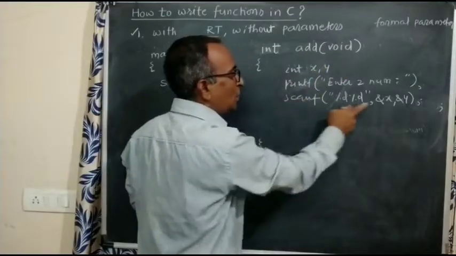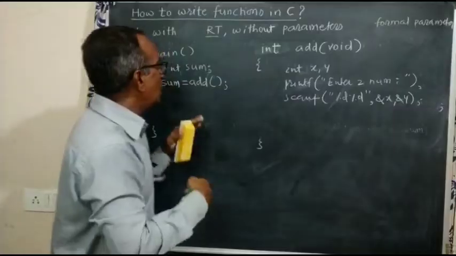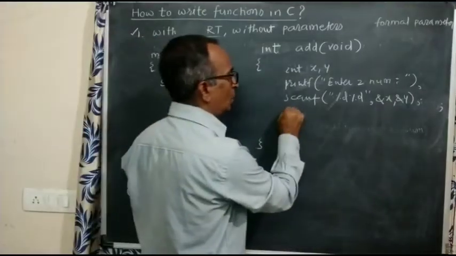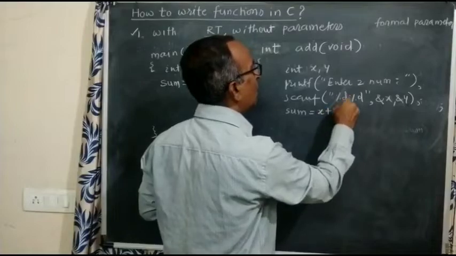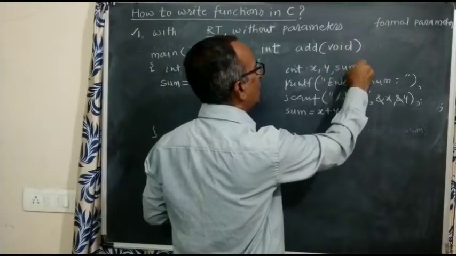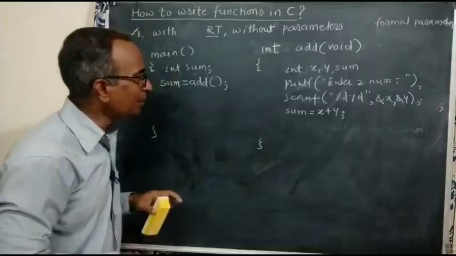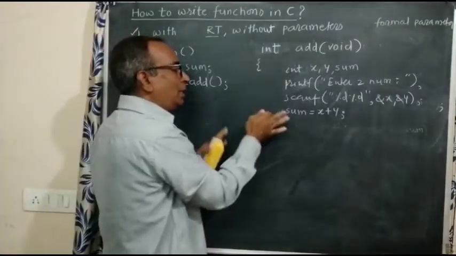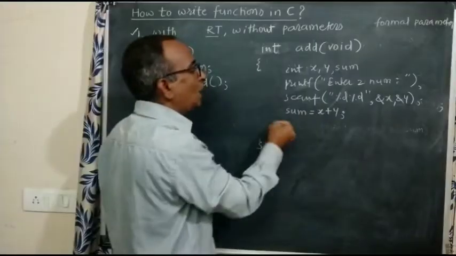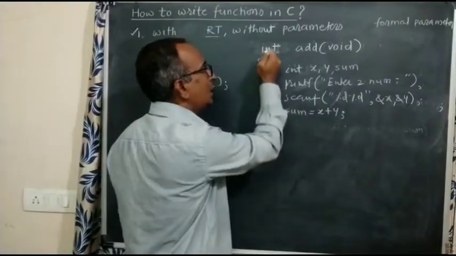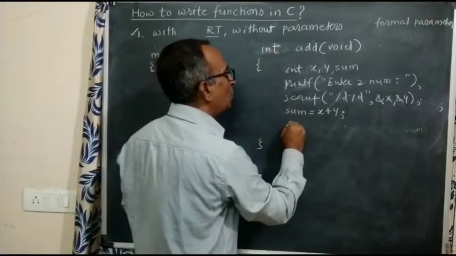Now x and y you are reading. What should it do? It should process also. So sum is given x plus y. Sum is declared here as you are using it. Now it is not printing output. It should return the value. Whatever integer it gives after addition, that value you are returning.